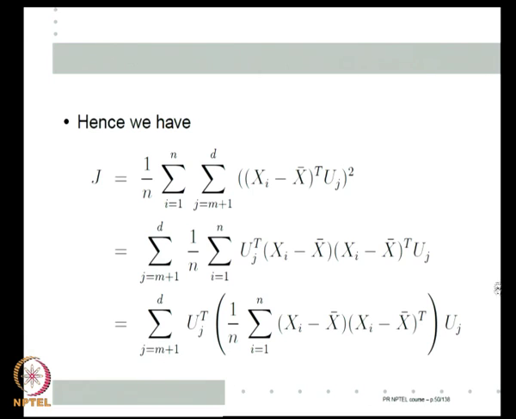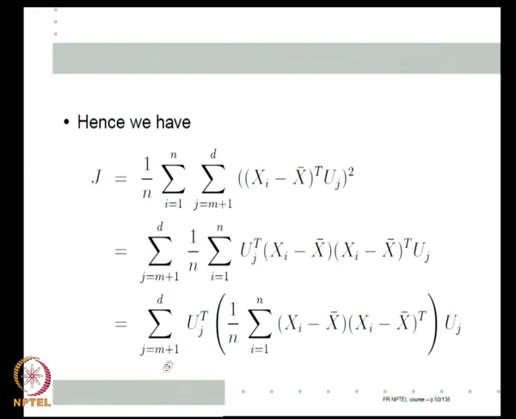So, what I have here is a quadratic form, uj transpose something uj, and this something is a matrix. This xi minus x bar is a d by 1 vector and xi minus x bar transpose is a 1 by d vector. This is a d by d matrix, known as an outer product. I hope many of you have come across this earlier. This is called an outer product of two vectors. So, I am summing over i equal to 1 to n. So, this whole thing is a d by d matrix.